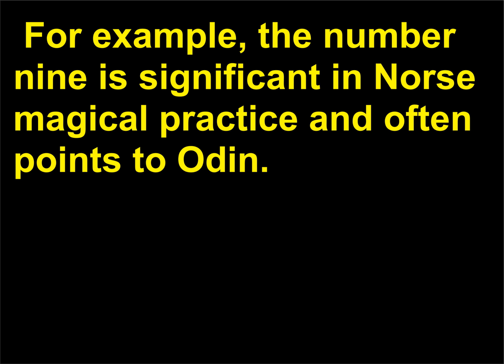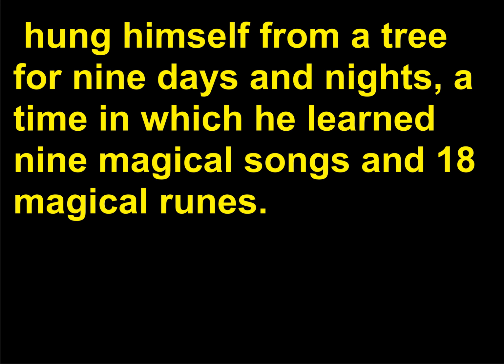For example, the number 9 is significant in Norse magical practice and often points to Odin. Considered the supreme god in Germanic and Norse mythology, Odin, legend says, hung himself from a tree for 9 days and nights, a time in which he learned 9 magical songs and 18 magical runes.